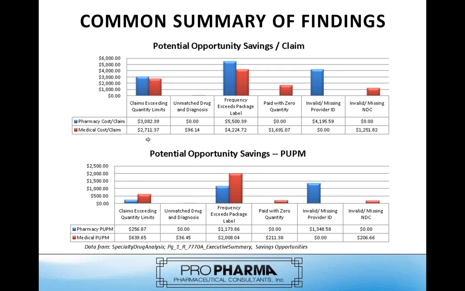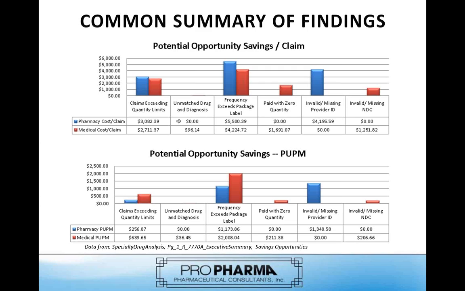You don't expect that everything is going to be perfect, but you do identify where the issues are because the numbers are not insignificant. Claims exceeding quantity limits just on a per claim basis are somewhere in the $3,000 range, where there are savings on these $20, $30, $40, $50, $80,000 types of claims. Medical diagnoses frequently have the claim, pharmacy doesn't.